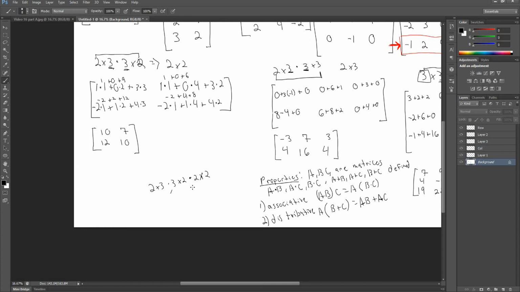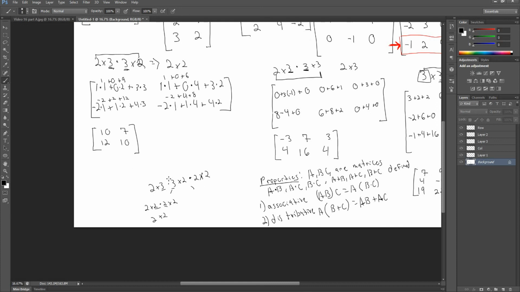I could do this one of two ways. I could do A times B first. This would give me a, well, the 3's match up. So this is a 2 by 2 times a 2 by 2, which is just a, they match up again, so this is a 2 by 2.